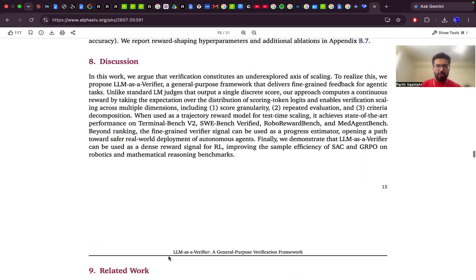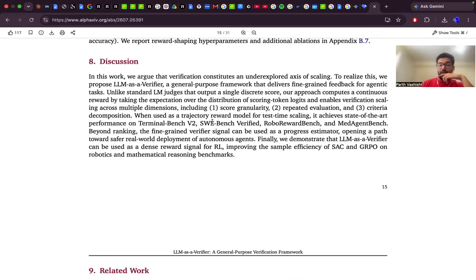In this work, we argue that verification constitutes an underexplored axis of scaling. To realize this, we propose LLM as a verifier, a general purpose framework that delivers fine-grained feedback for agentic tasks, unlike standard language model judges that output a single discrete score. Our approach computes a continuous reward by taking the expectation over the distribution of scoring token logits and enables verification scaling across multiple dimensions, including score granularity, repeated evaluation, and criteria decomposition.